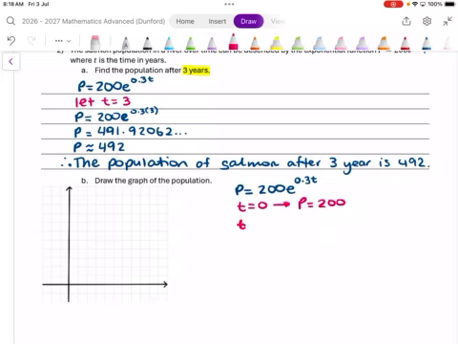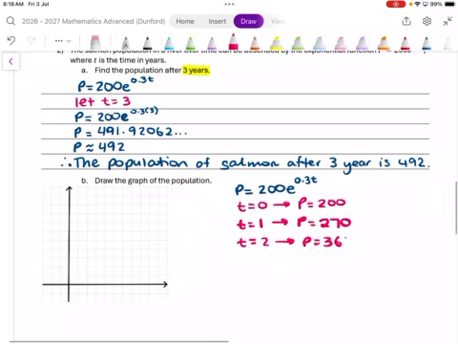When we substitute in 1, we get P equals 270, rounding to the nearest. When t equals 2, we get P equals 364.